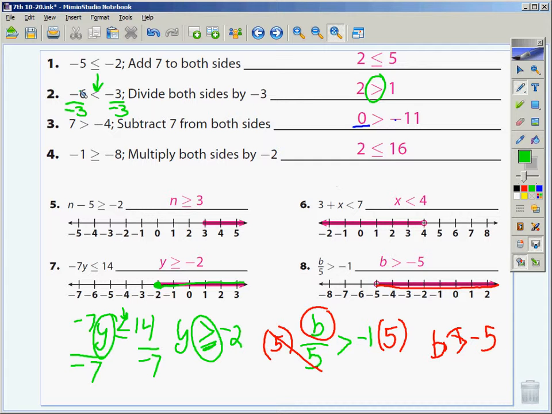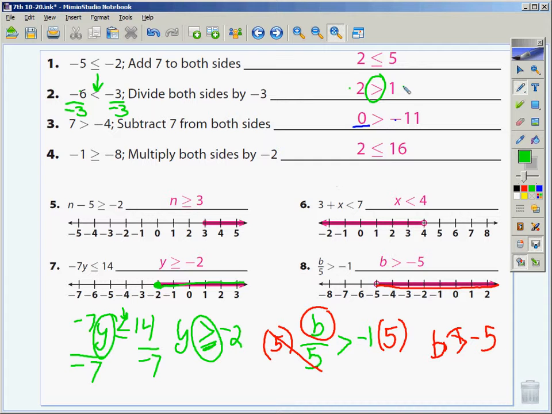Negative divided by a negative is going to make a positive. 6 divided by 3 is a positive 2. Negative divided by a negative is going to make a positive again. 3 divided by 3 is 1. And I flipped the inequality because I was dividing both sides by a negative number. Okay?